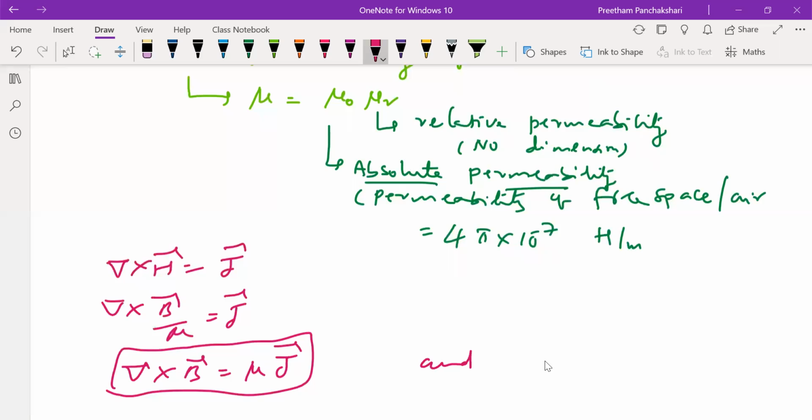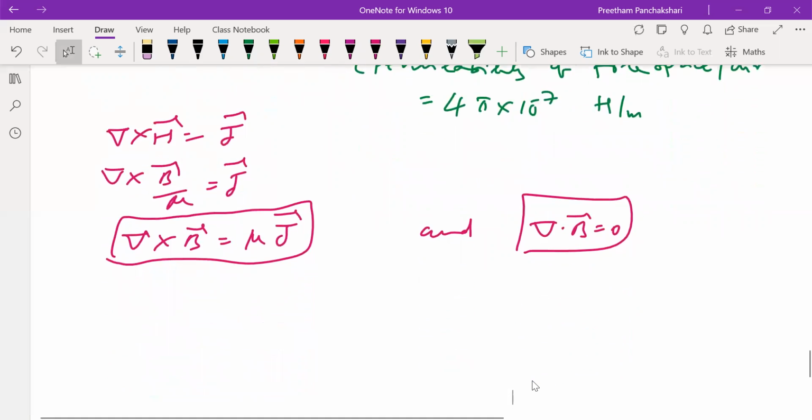And what is the divergence of B? That is 0. For every vector of electromagnetics, it is very important to know the curl and divergence of them. These two will help us to address the numerical problems on magnetic field, right?